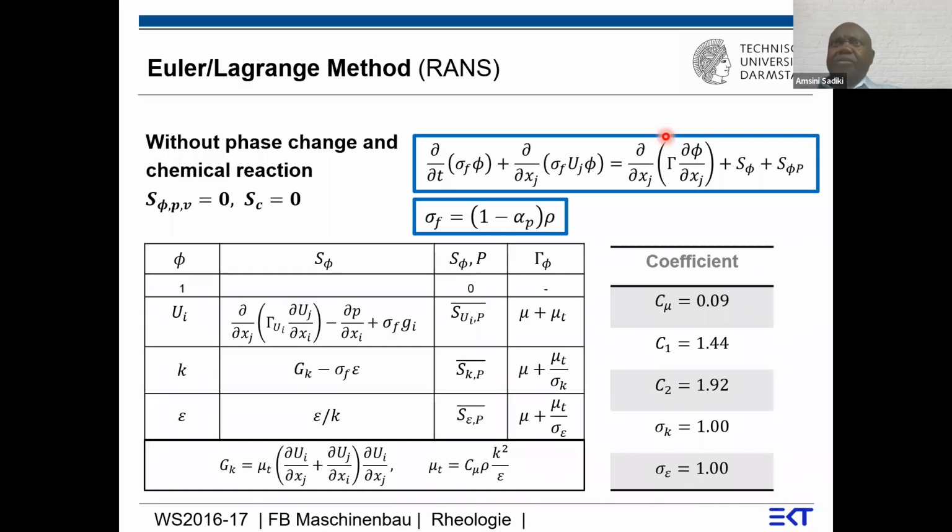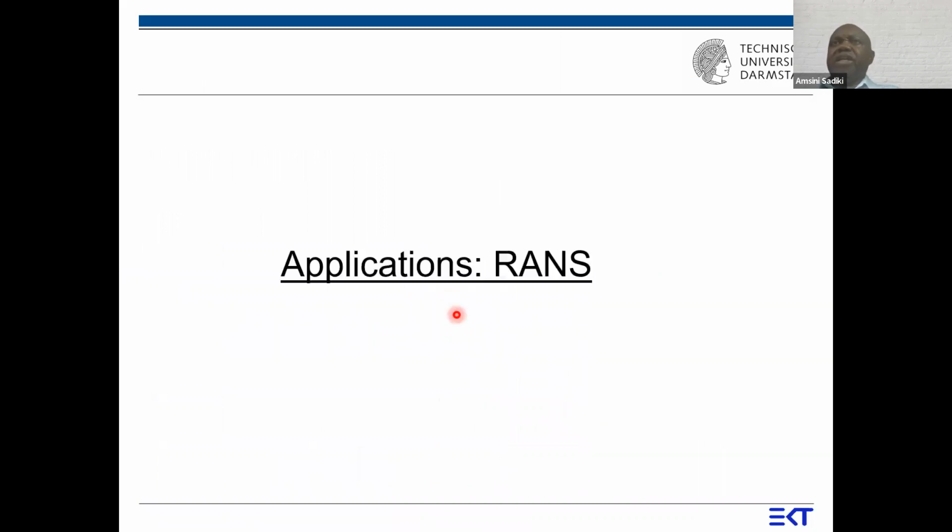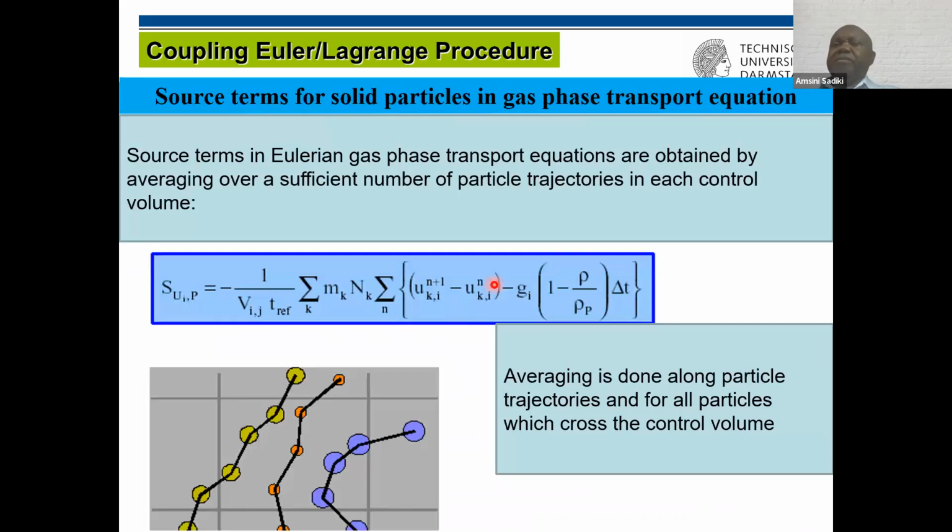Then we have the reduced equation in this form. Phi may be 1 for the continuity equation, and without phase change, this quantity here is 0. If we have the velocity, then we have the momentum equation, and we have to define this term as we had it here.